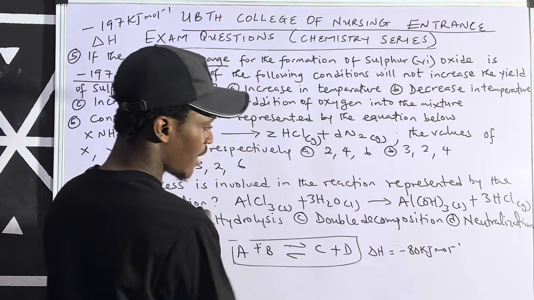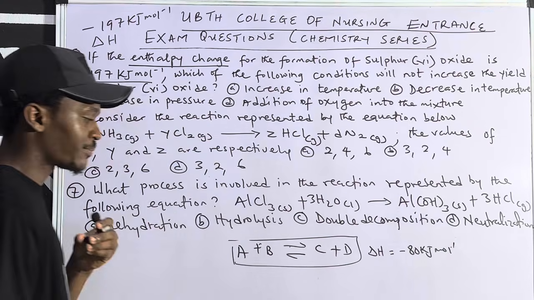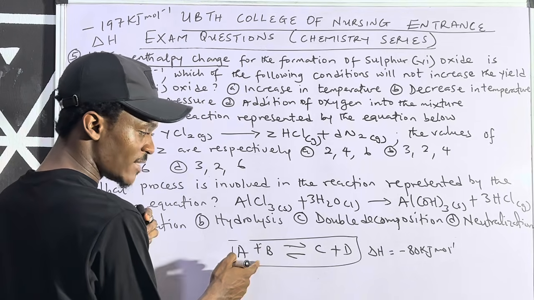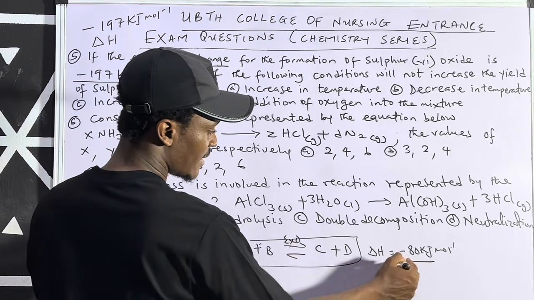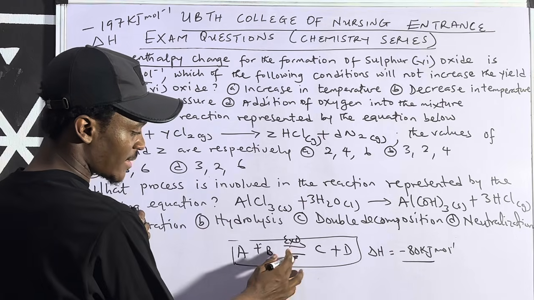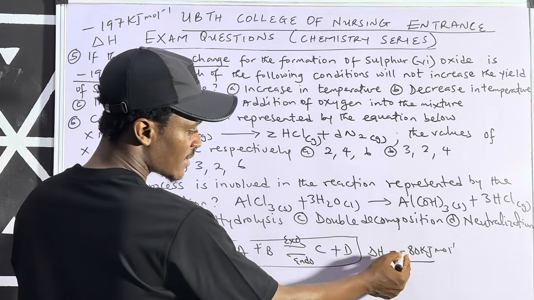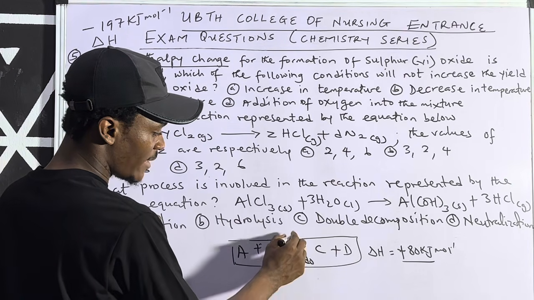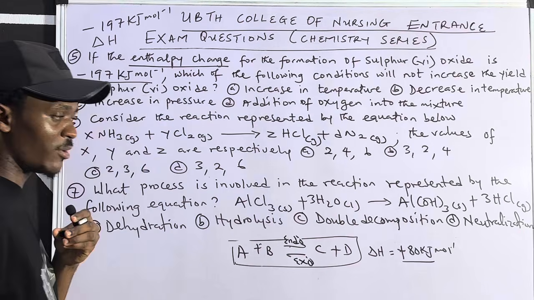What it means is that the forward reaction is exothermic because it is negative here, while automatically the backward reaction will be endothermic. But if I change this sign to positive, it means that the forward reaction will be endothermic, while the backward will be exothermic. That's just the summary of everything.